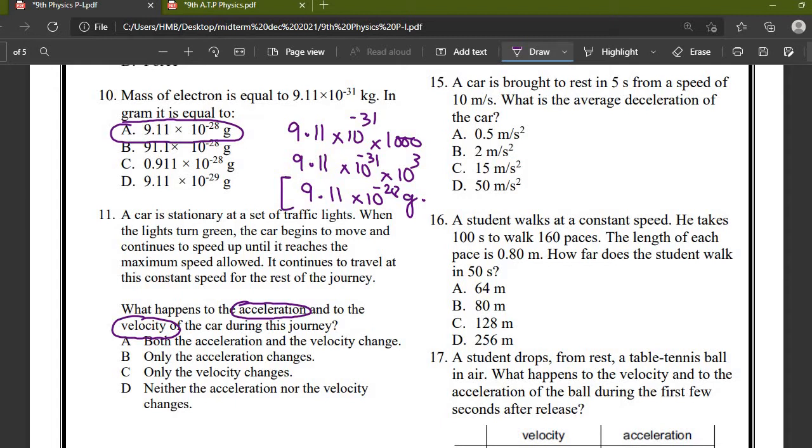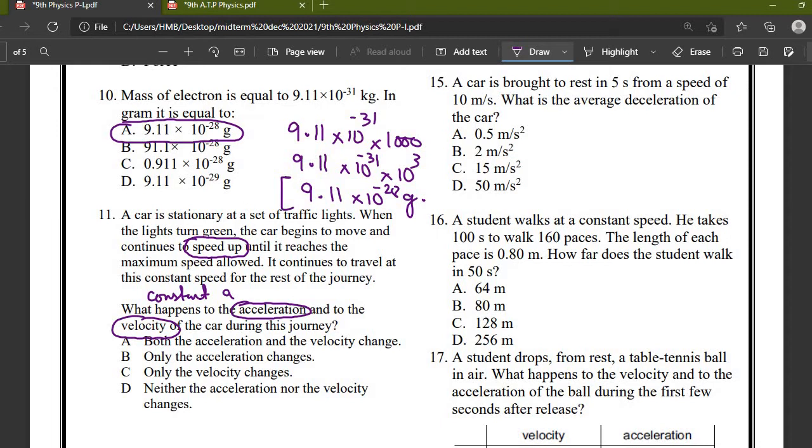So as we can see, the question states that the car speeds up, and speeding up means there is change in velocity. Similarly, when there is a change in velocity, there is also change in acceleration. So when the car was speeding up, the car has constant acceleration and velocity is continuously changing.